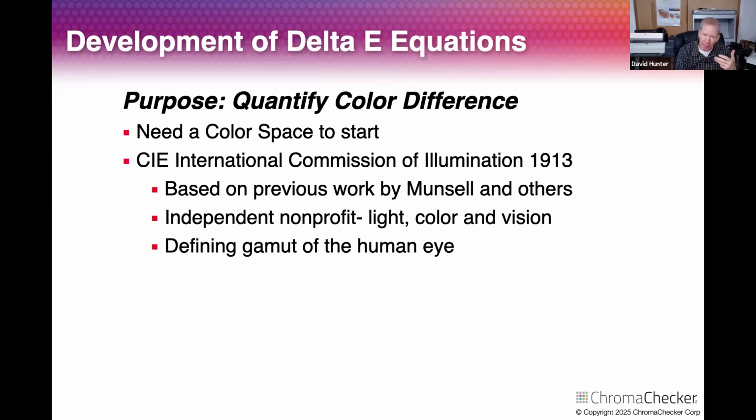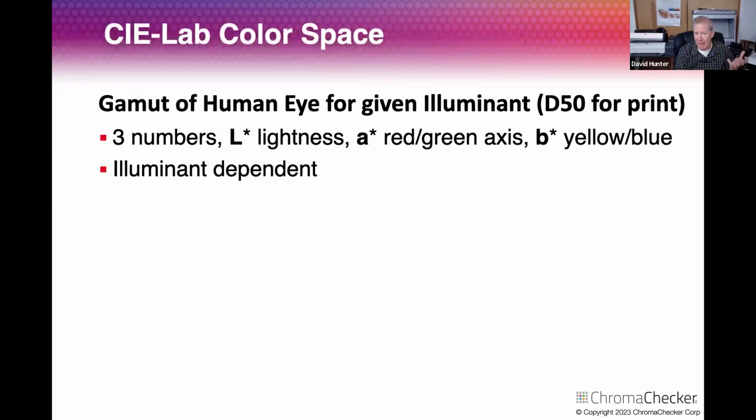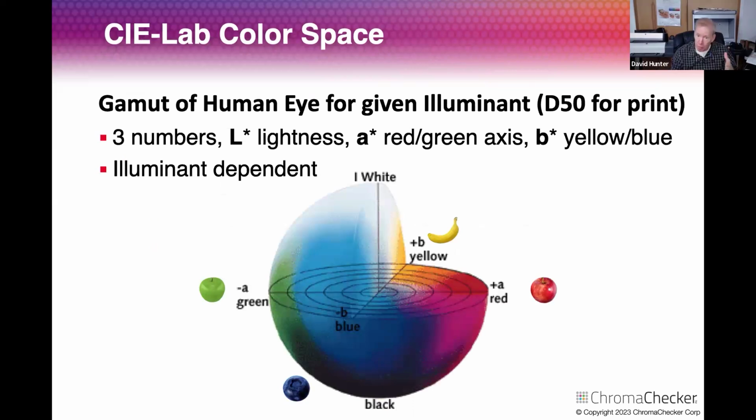And they've defined the gamut of the human eye in a color space called CIELAB. I'm sure many of you have heard of CIELAB before, and it's meant to represent the gamut of the human eye. And it has the 3 attributes that we know as humans define color.